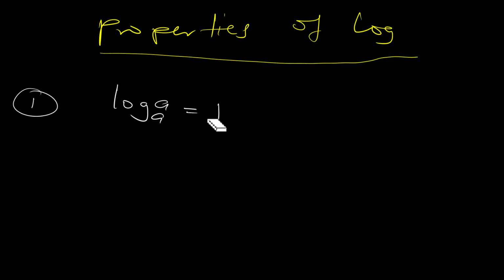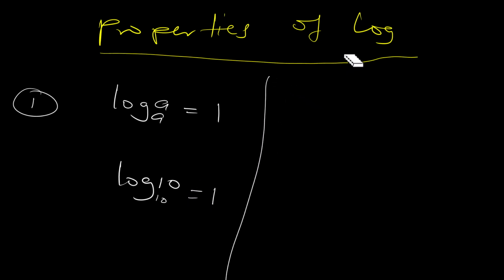If you don't see the base and you take log 10 on your scientific calculator, it will give you 1 because the base is 10 by default. And log 10 to base 10, per the property, is 1. That's the first property.